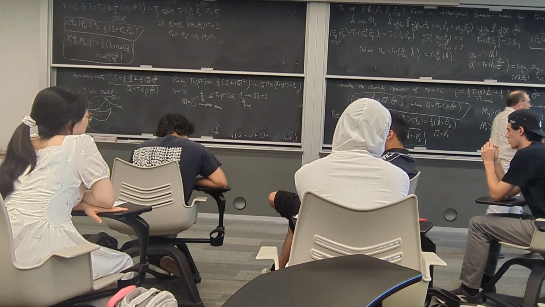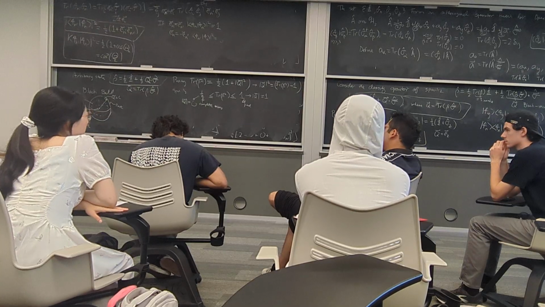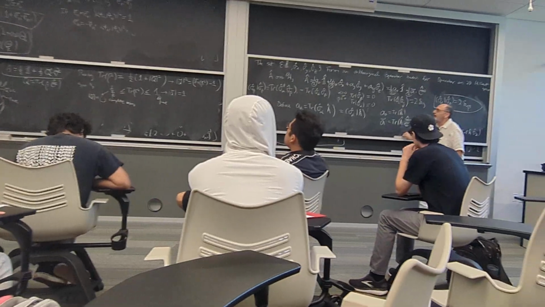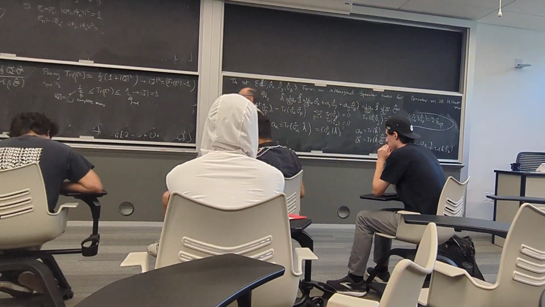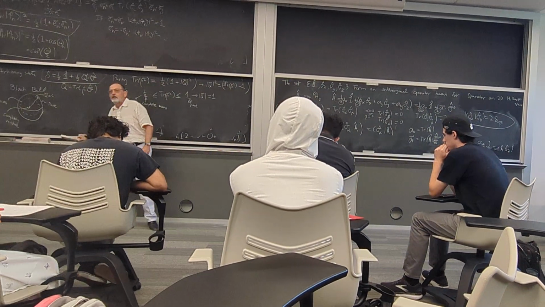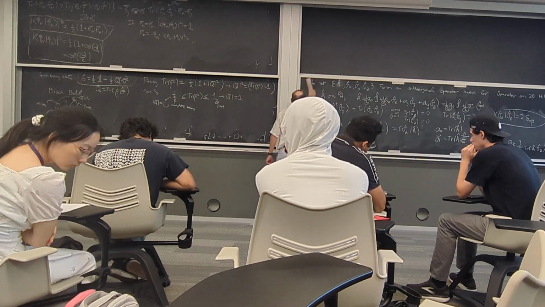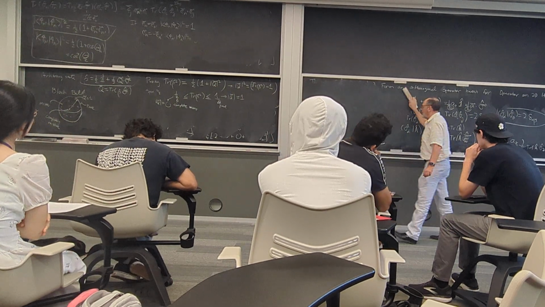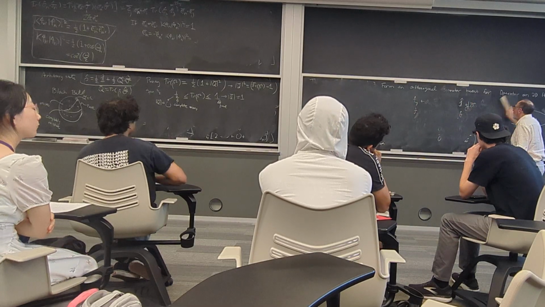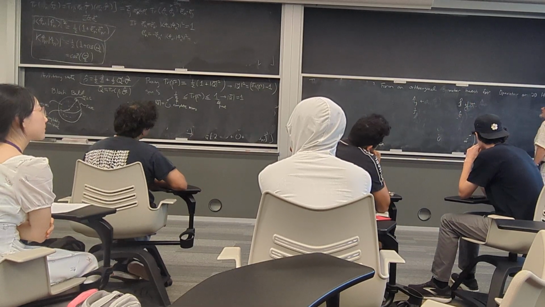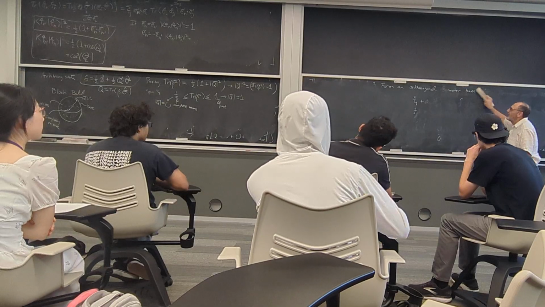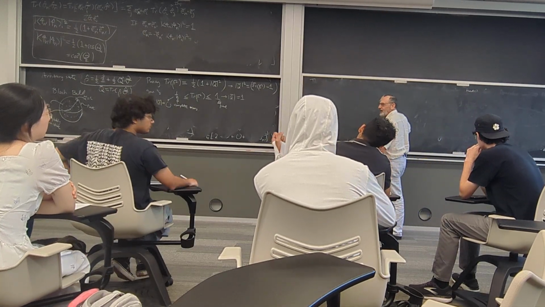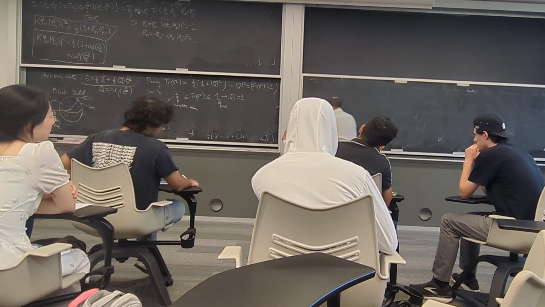So I want to, in the last 10 minutes, talk about dynamics now. Okay. So we've talked about states and measurements, but we haven't talked about dynamics. Dynamics is what happens in the system due to the laws of physics when we're not measuring it.